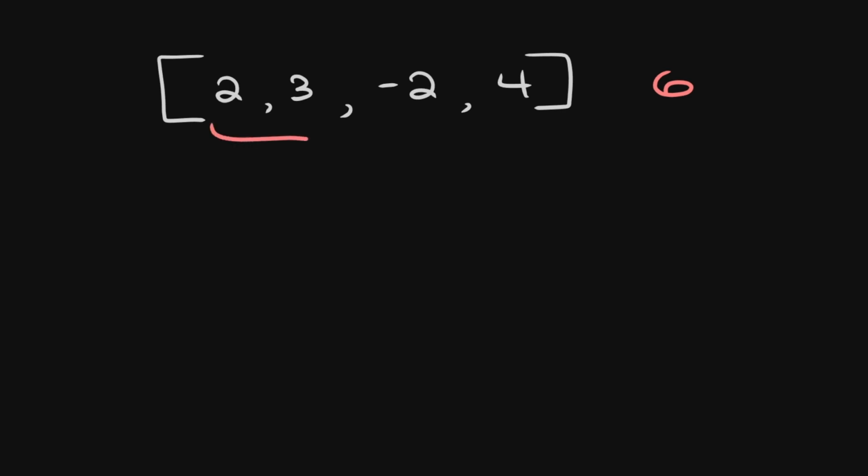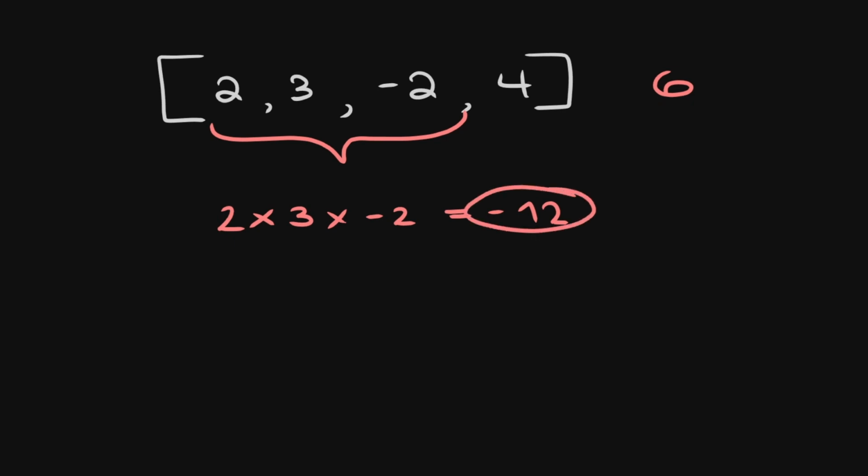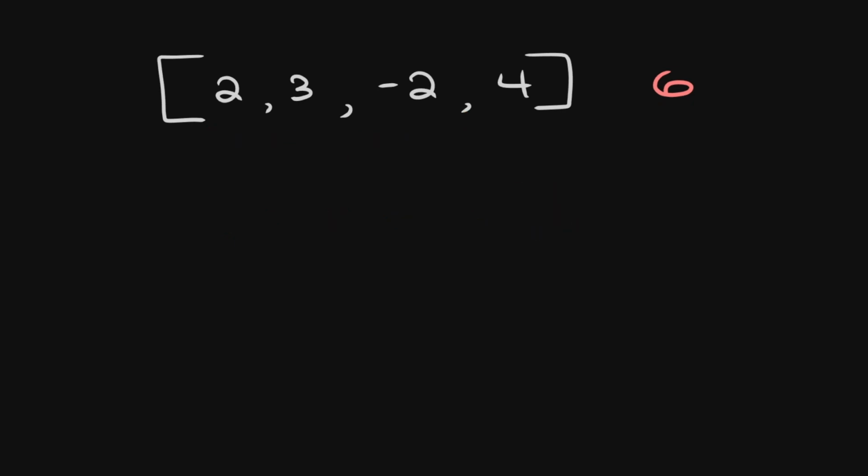Then we can take a look at this subarray. Well, now we have 2 times 3 times -2, and this is going to be -12, which is definitely less than 6, so we don't need to update this value. And then finally, we can take a look at the subarray which contains all the elements.